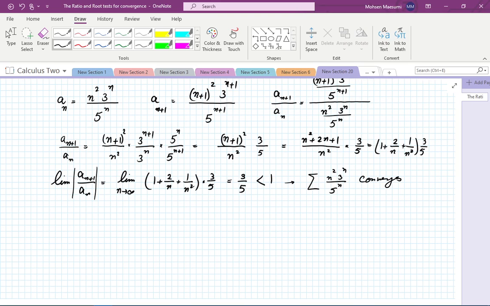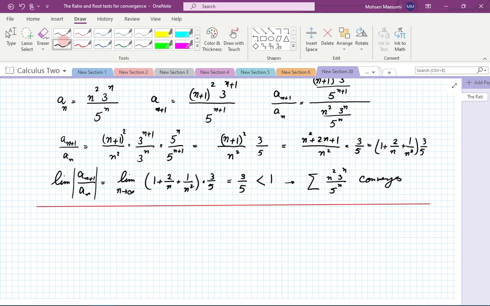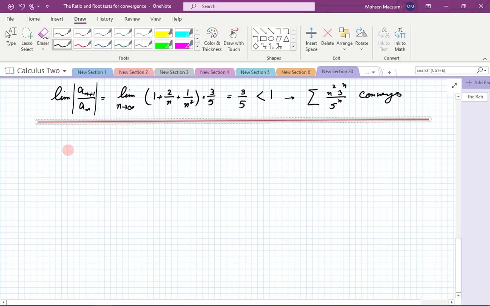Okay, so we have seen a couple of cases where the series is going to converge because what we had was a ratio that was less than 1. Let's try another one. Suppose I take the series just 1 over n.